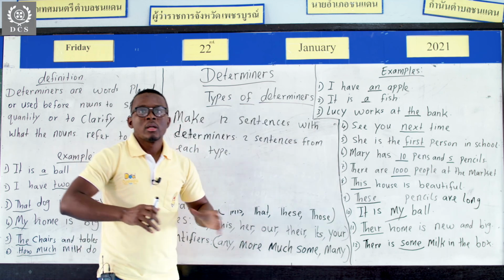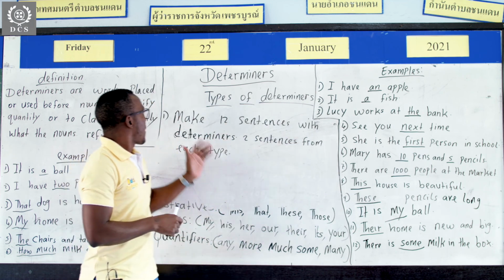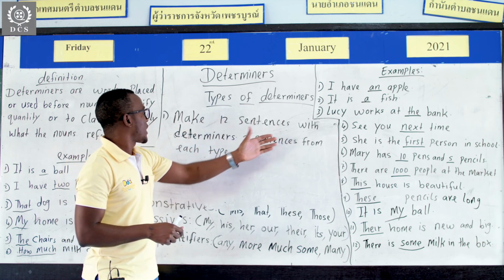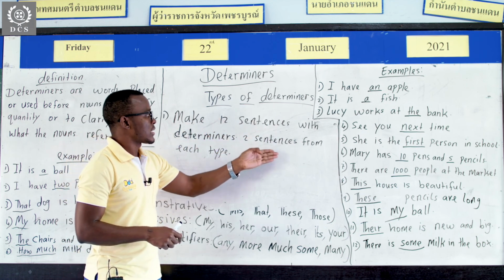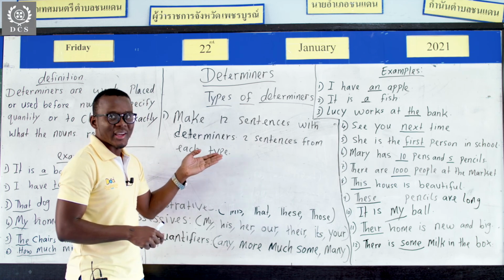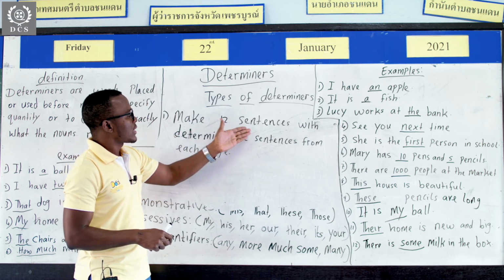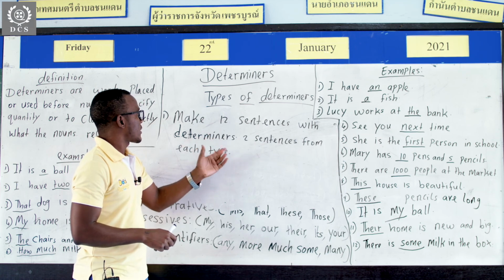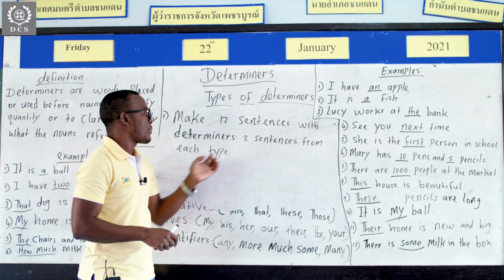Okay, so your homework is to make 12 sentences with determinants, 2 sentences from each type.